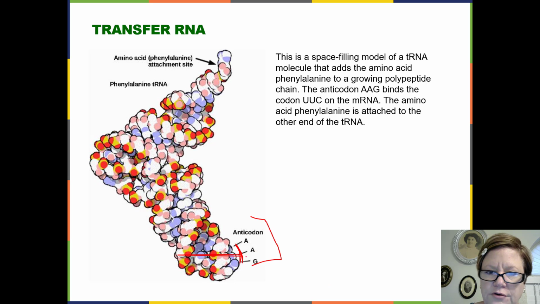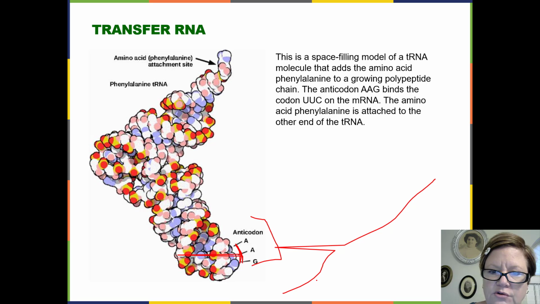So that anticodon would be attracted to, in the mRNA, here's the mRNA, a UUC, for example. And so then UUC in the mRNA is associated with, this tRNA would carry a phenylalanine.